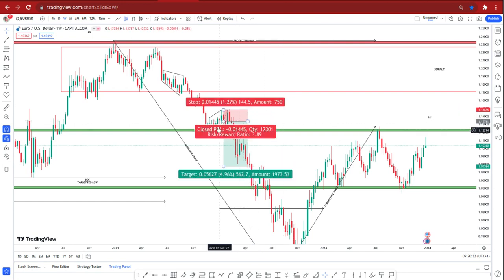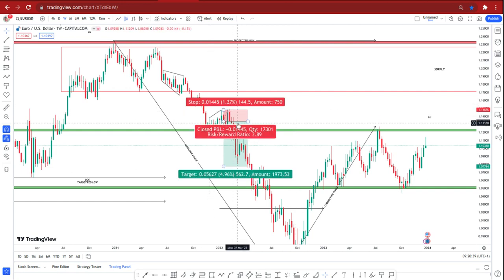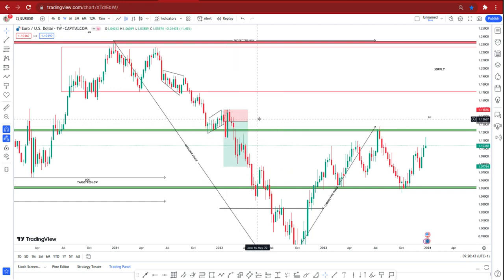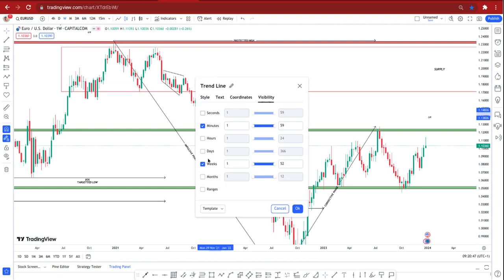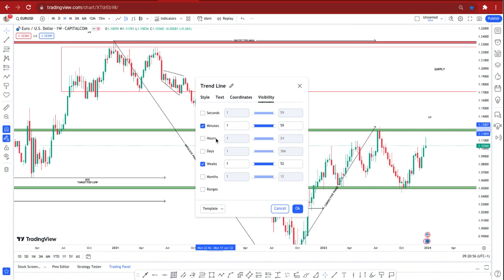All you need to do is to know your risk management level, so that with stuff like this you won't be crying or frustrated about it. I will still be looking for more sell setups.